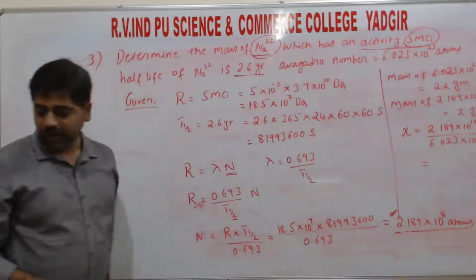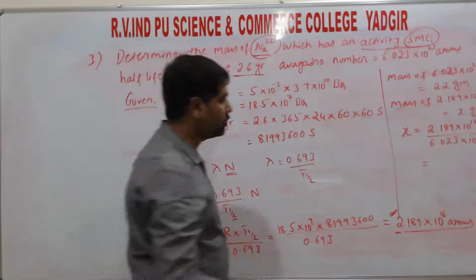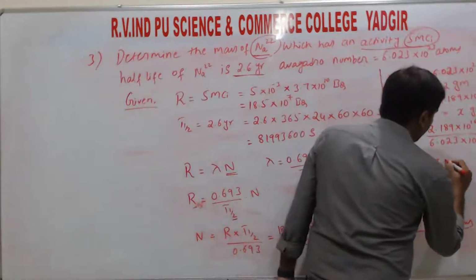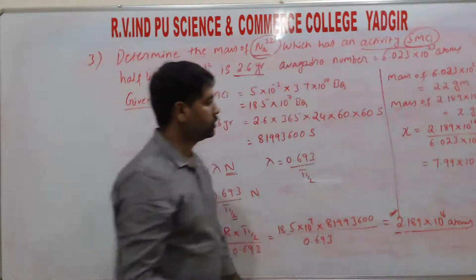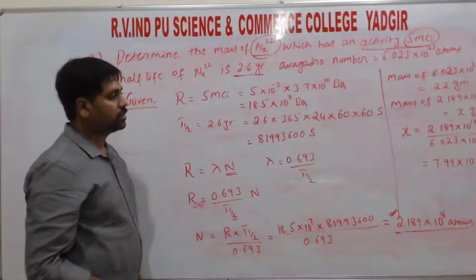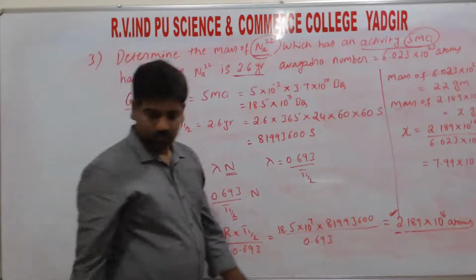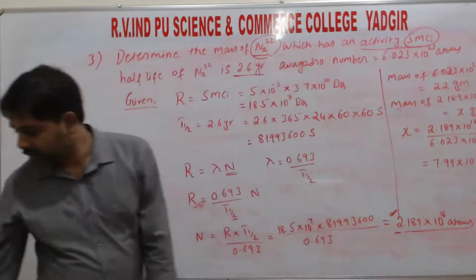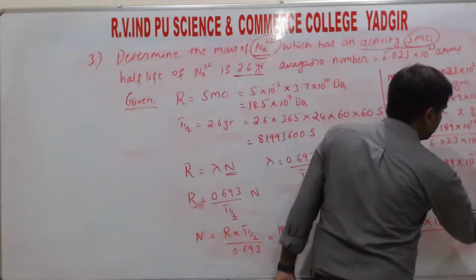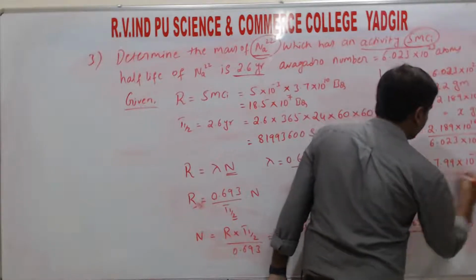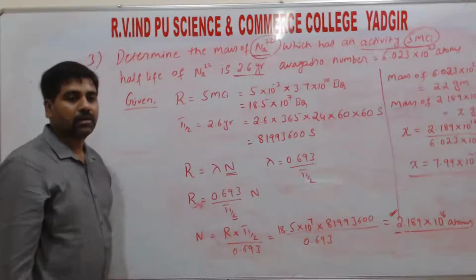So if we simplify, we get the value 7.99 into 10 to the power of 16 minus 23, that is minus 17. The value minus 10 grams. So x value is 7.99 into 10 to the power of minus 10 grams.